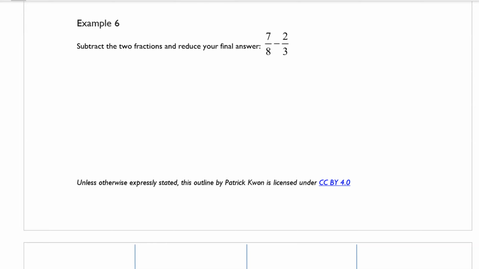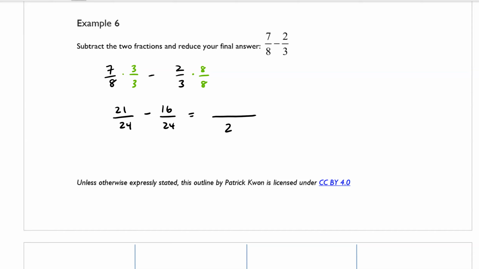Example 6 says subtract the two fractions and reduce our final answer. So we have 7/8 minus 2/3. And again, I want to find a common denominator, so I'm going to multiply this by 3 over 3, and I'll multiply the second fraction by 8 over 8. And if we do that, we get 21 over 24 minus 16 over 24.